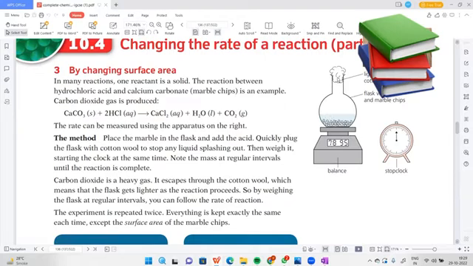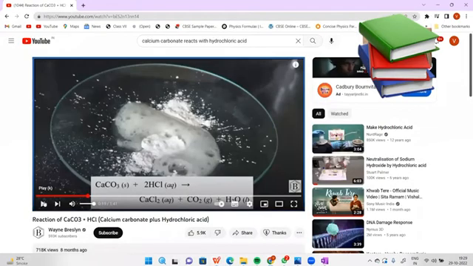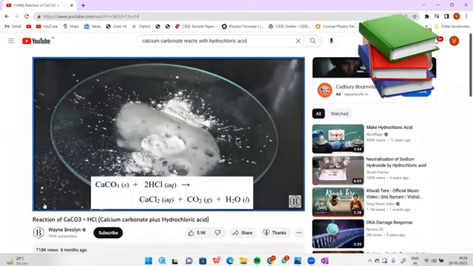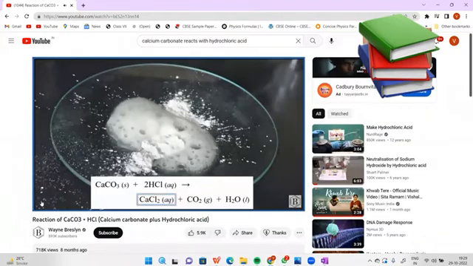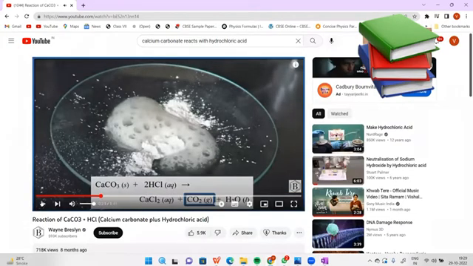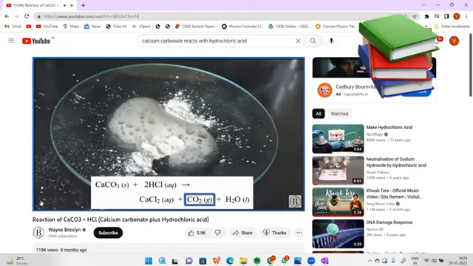So all the gases come out and are held in the cotton. We get calcium chloride, dissolved in the liquid, and carbon dioxide. And that gas contained in the cotton is what? Carbon dioxide gas. Those are the bubbles you're seeing, and then some water.